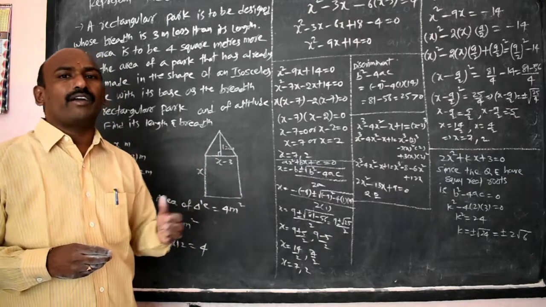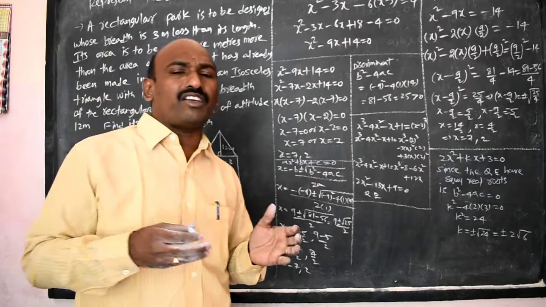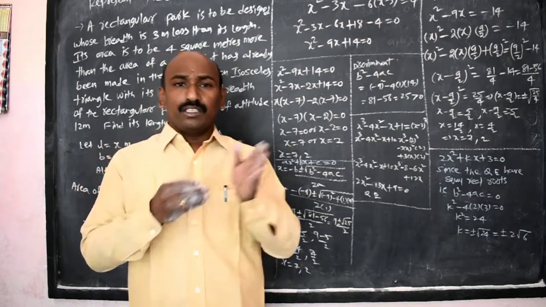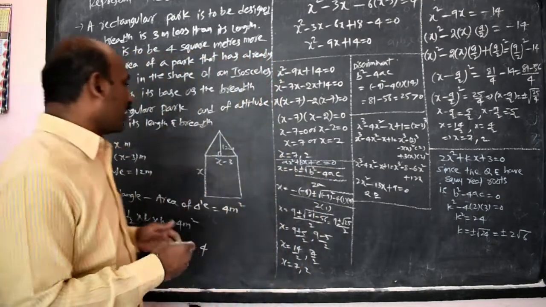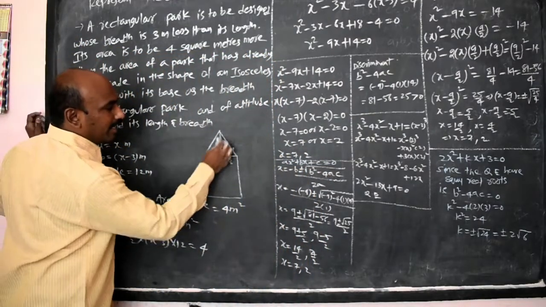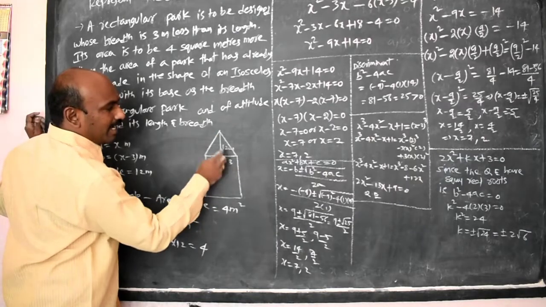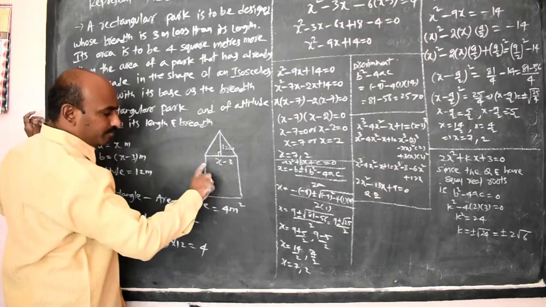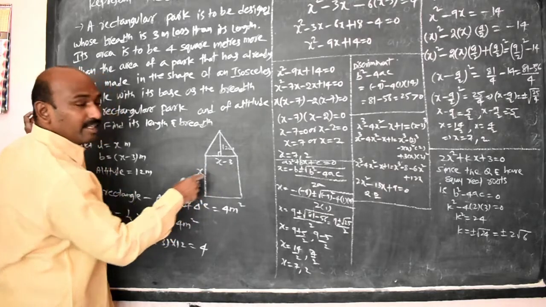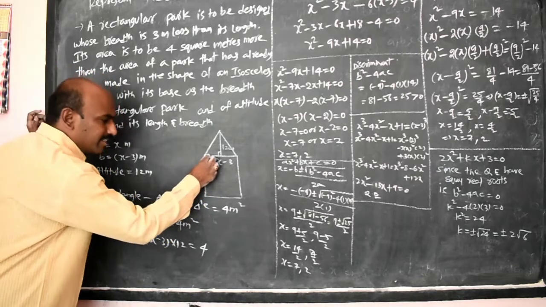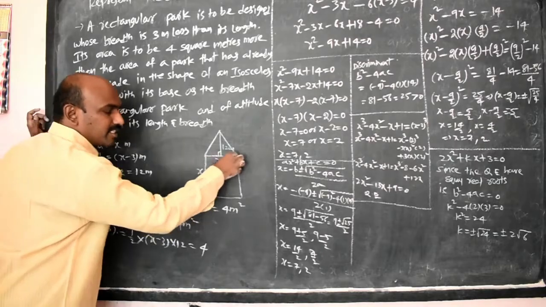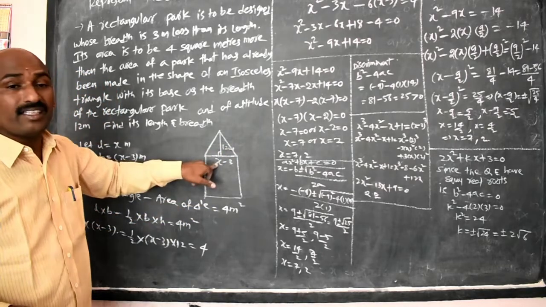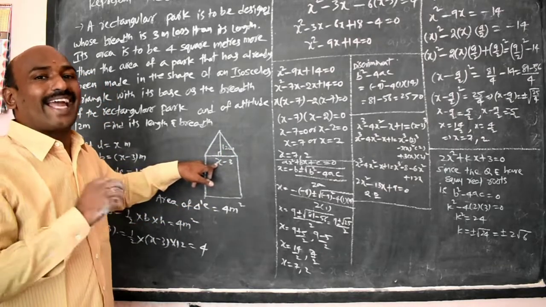First of all, whatever data is given, you have to convert it into a quadratic equation. How can we convert? The rectangle is given, and this is an isosceles triangle, and the altitude is given. And one more thing, breadth is 3 meter less than the length. If I take the length as x, then the breadth is x minus 3. Then this breadth acts as the base of the triangle.